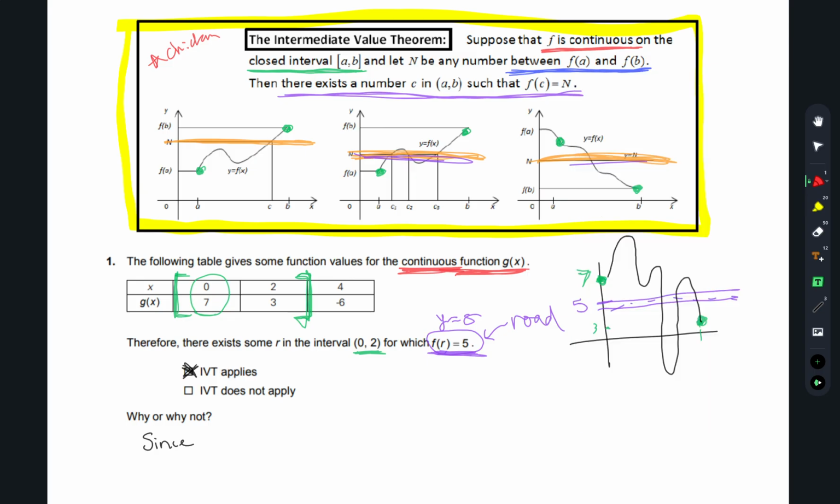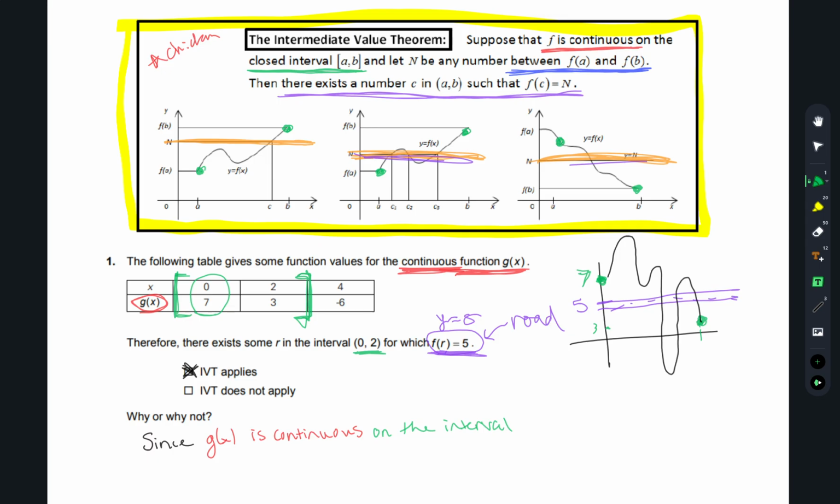You could say, now we're talking about G, not F. So since G of X is continuous, and then we have to say it's continuous on an interval, on the interval.